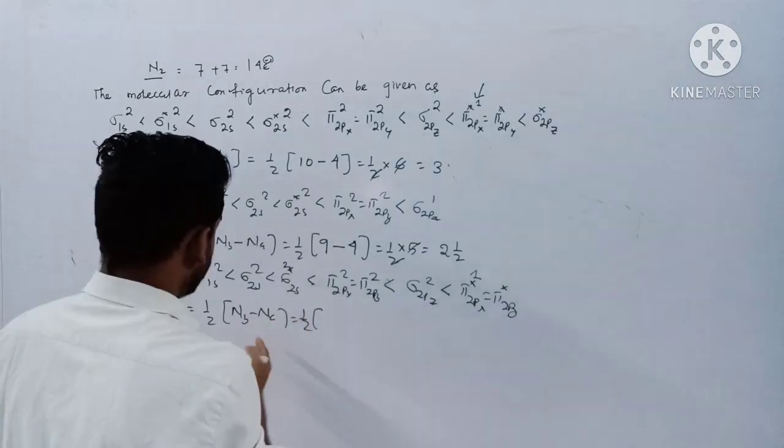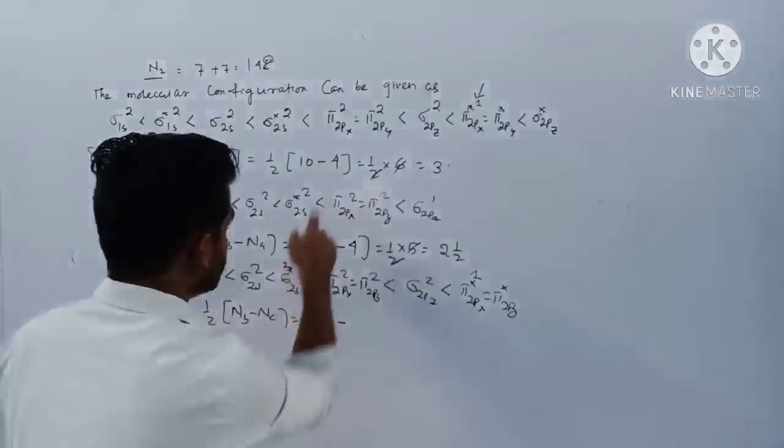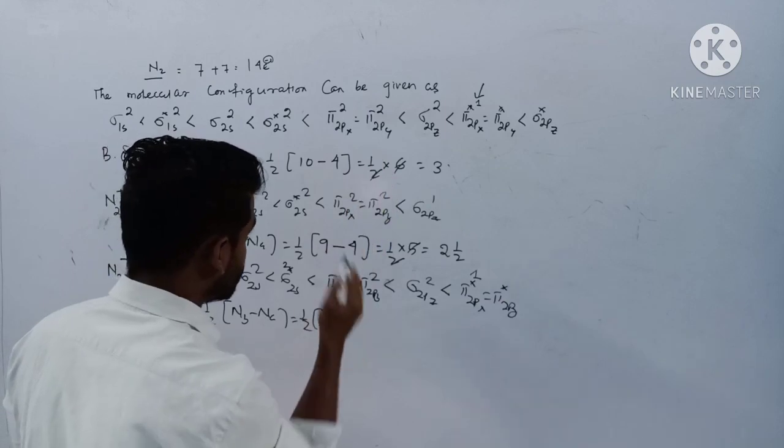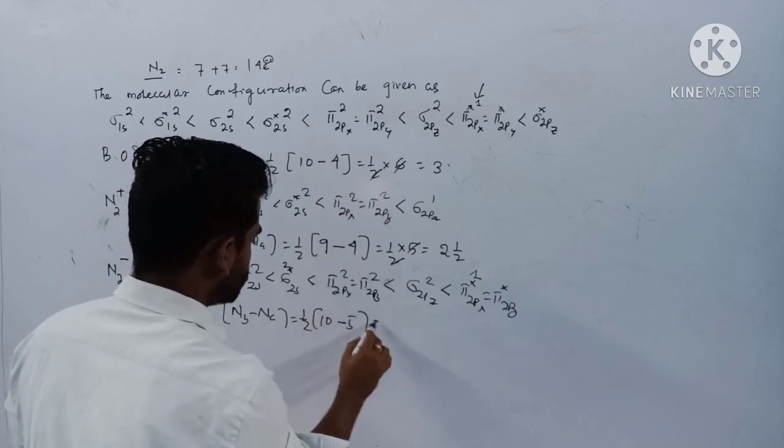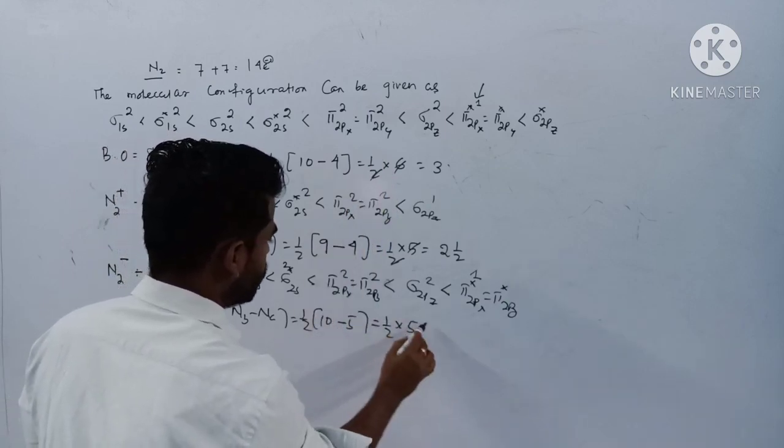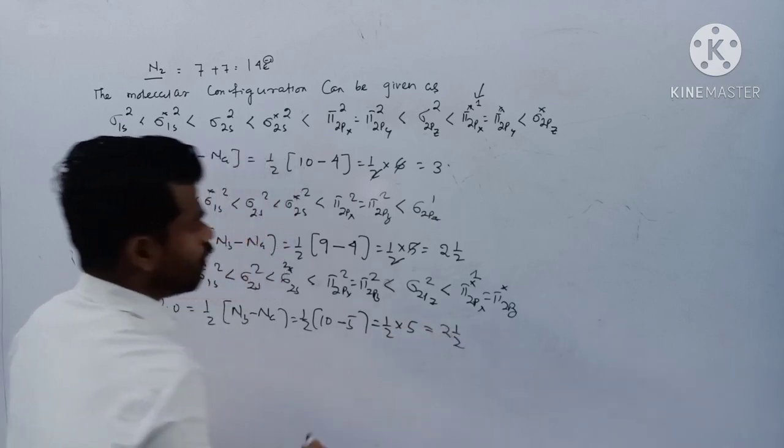Nb will definitely be 10, minus, but here antibonding becomes 5, one more electron is there. So that is 1 by 2 into 5, again it is 2 and a half.